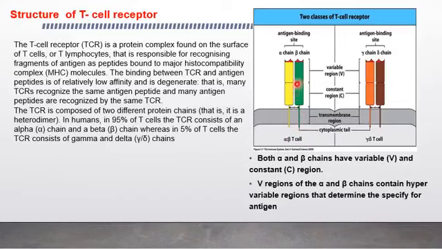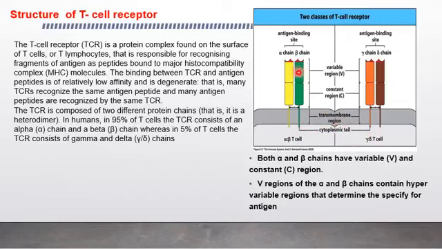This is the variable region, called V, and this is the constant region, for both the alpha and beta T cells and the gamma delta T cells. So we have the variable regions, constant regions, and the cytoplasmic tail.